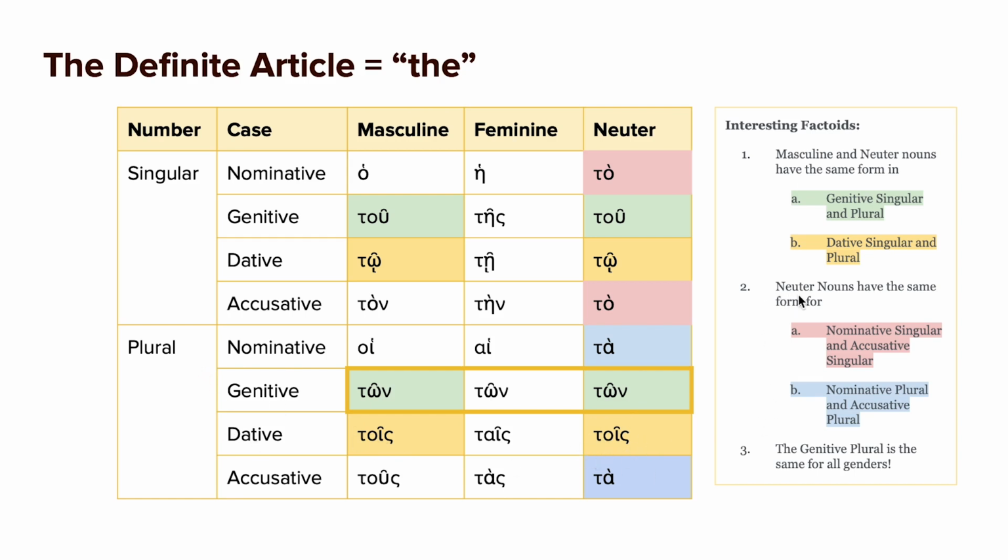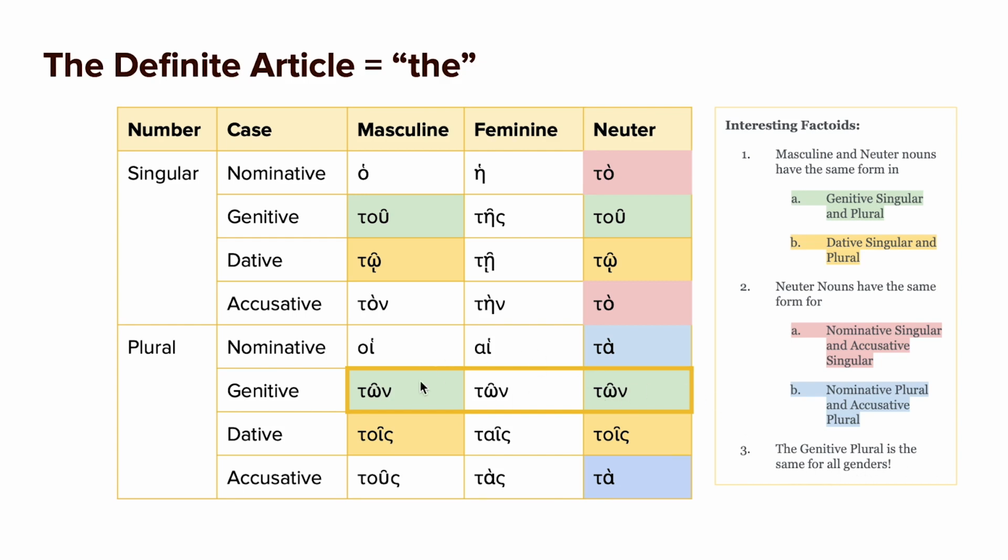All right, next. Neuter nouns have the same form for nominative singular and accusative singular. So that's these two. You can't tell them apart except by the context, whether it's a subject or direct object. And the same in the plural. Nominative and accusative are the same. And then the third thing, which is kind of rare for Greek, is that the genitive plural is the same for all genders.